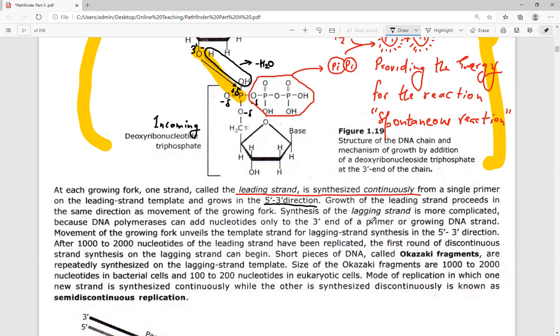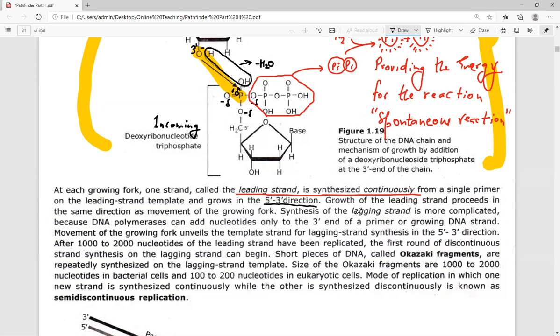Synthesis of the lagging strand is more complicated because DNA polymerase can add nucleotide only to the 3' end of the primer molecules. So the DNA polymerase is going to add the nucleotide only to the 3' end of the primer or growing DNA strand. Movement of the growing fork unreveals the template DNA for lagging strand synthesis in the 5 prime to 3 prime direction. So what I'm going to tell you here is that synthesis on the lagging strand is much more complicated.